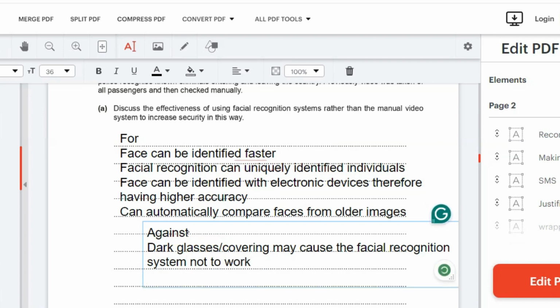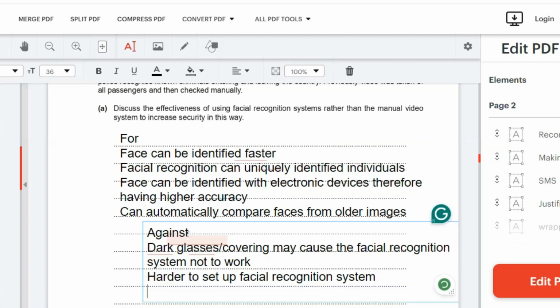Yes, another one. It is harder to set up a facial recognition system, or it is expensive. It is harder to set up the facial recognition system.